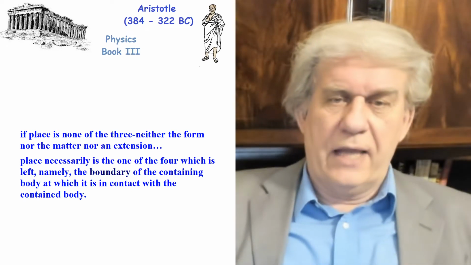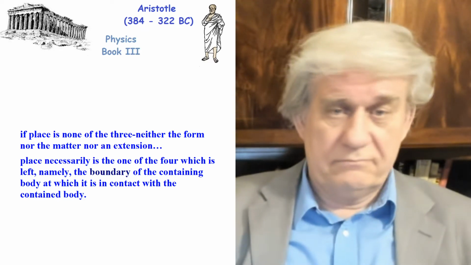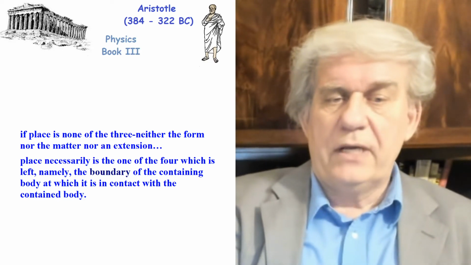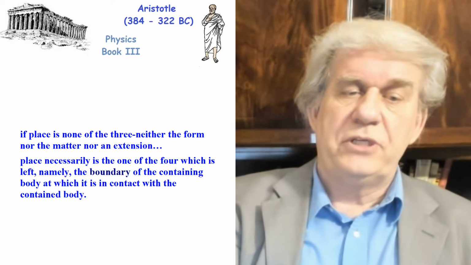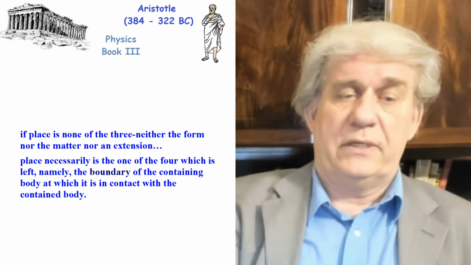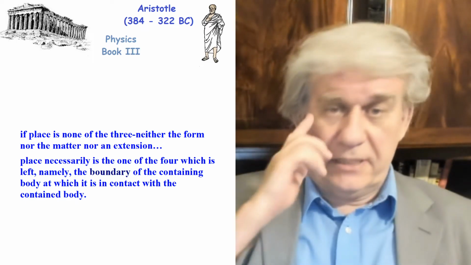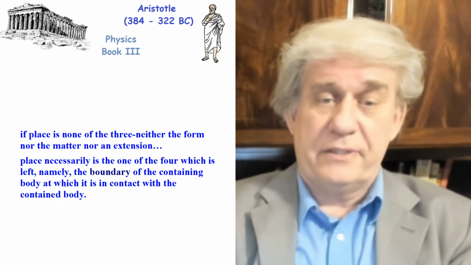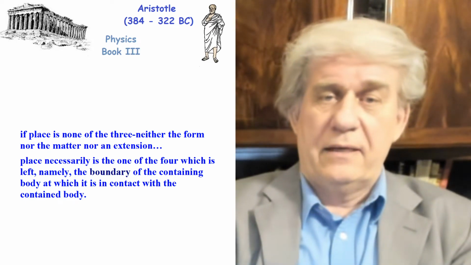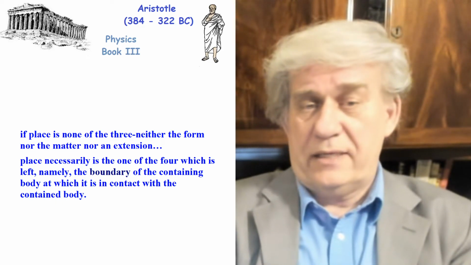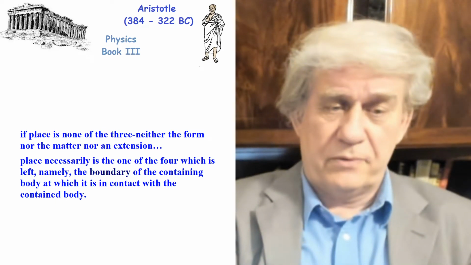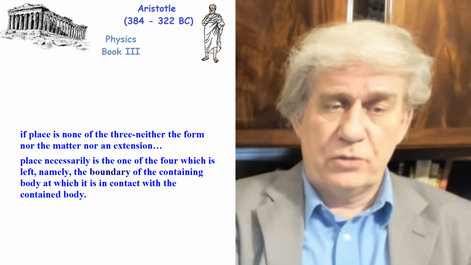So it's the outline, the perimeter, any way you want to look at it, of the containing body at which it is in contact with the contained body. So he's saying essentially it's going to be the perimeter, the boundary, the outer surface, you could say. Any of those words would fit in there just fine. That's his notion of it.